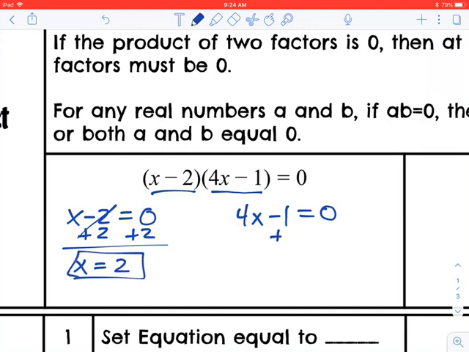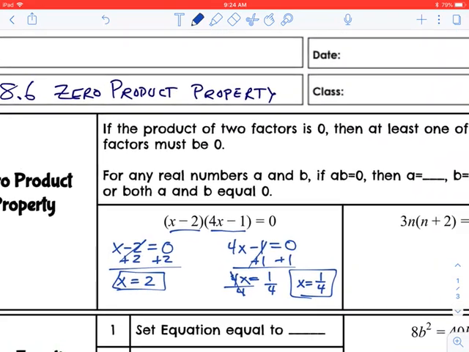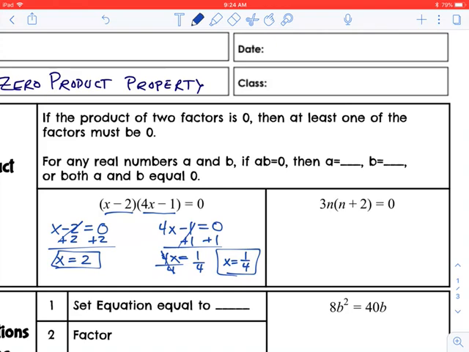If this is 4x minus 1, I always get rid of addition or subtraction first. So add 1. I get 4x equals 1, and then I divide by 4. 1 divided by 4 I can just keep as a fraction. So x equals 1/4.